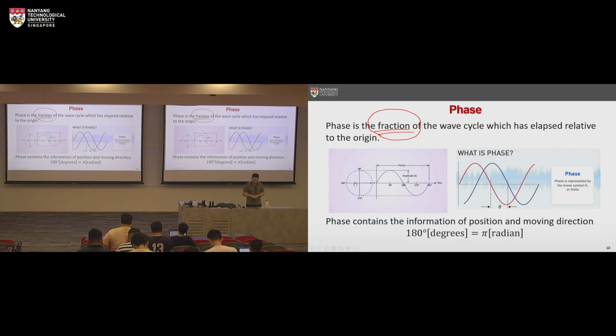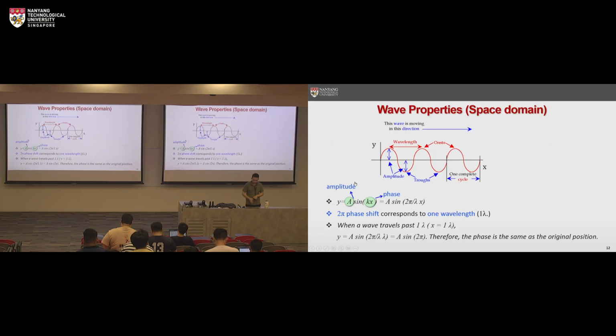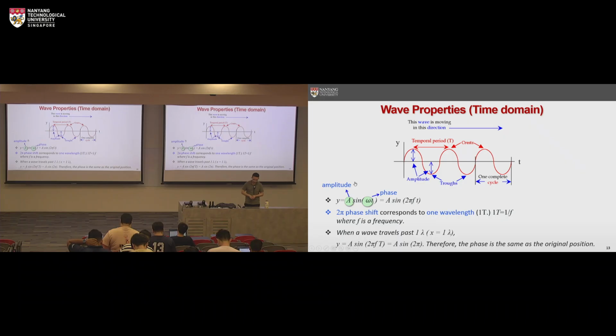The phase is important because it can tell people two pieces of information. As said, one is the distance, which is the space domain. As long as I know the phase, I know how much you have traveled. The second is the time domain. As long as I know how much phase you have, I can predict how much time you have already spent in this cycle.